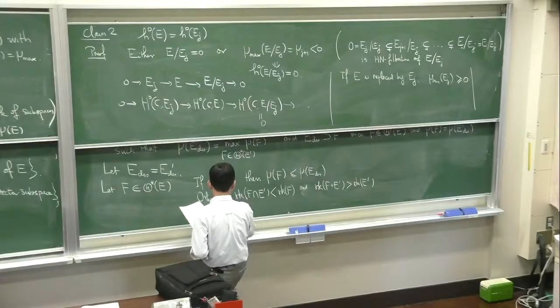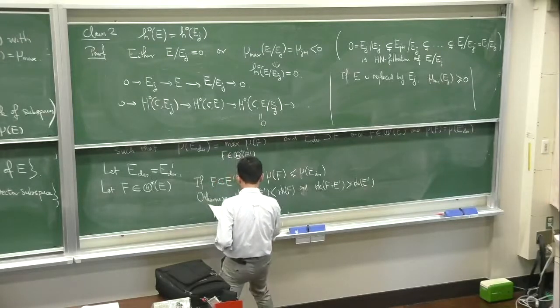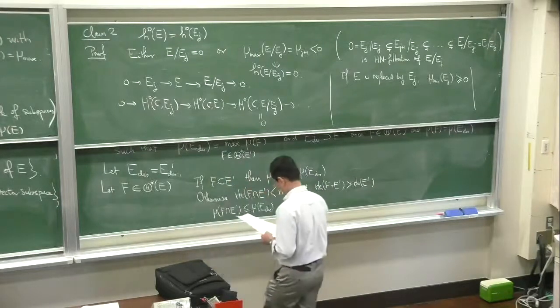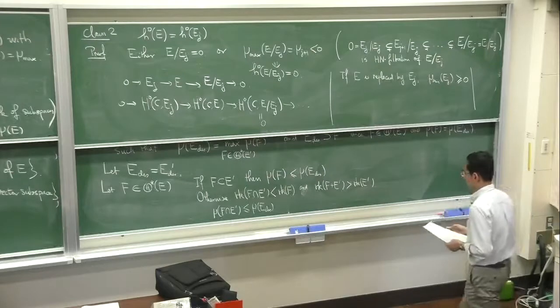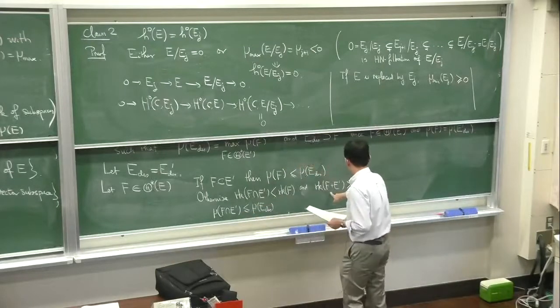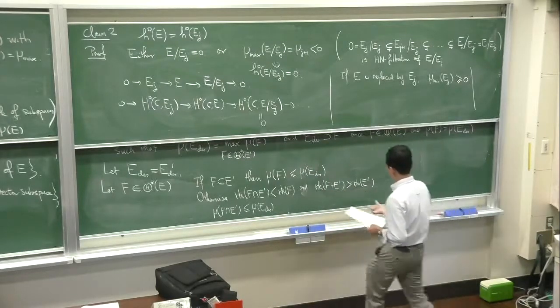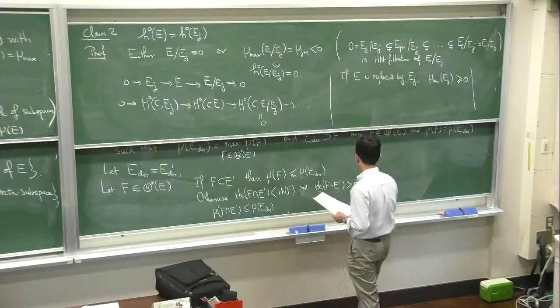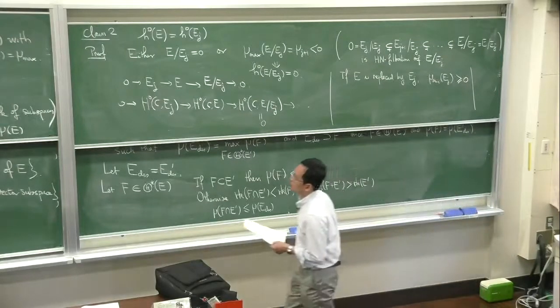So you have mu of f intersection with E prime is bounded by mu of E ds because it's included in E prime. And then this rank is larger than the rank of E prime. And this one will include E prime, and the rank is larger.